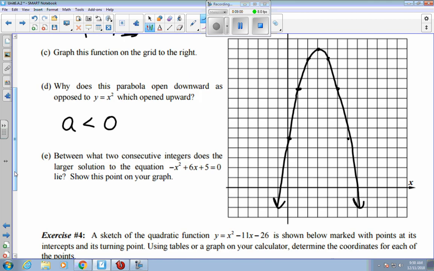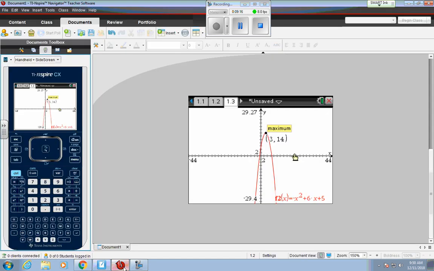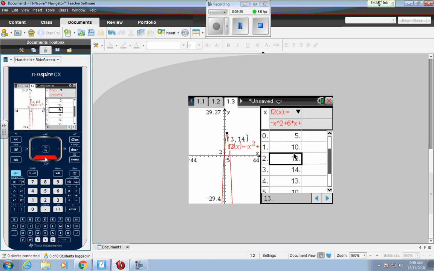Between what two consecutive integers does the larger solution of the equation lie? Okay, so this right here, a little tricky because I stopped at the coordinate (6, 5). So in order to figure that out, we go to our table, Control T. You could see between 6 and 7, it goes from positive to negative.